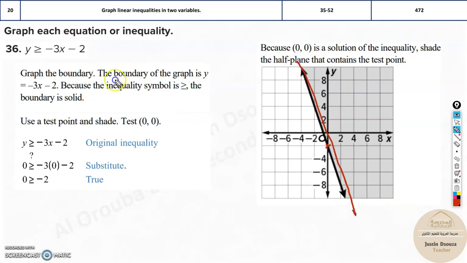Negative means it's downwards. What does this 3 mean? It means that at x equal to 1, you should start from here. The slope is 3.